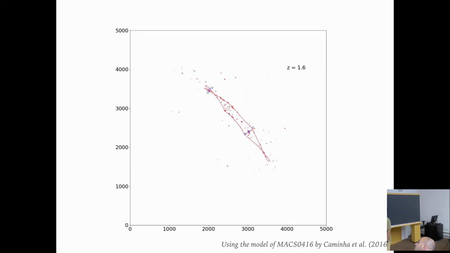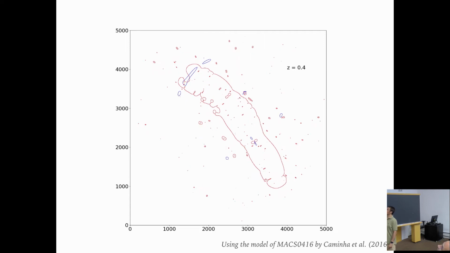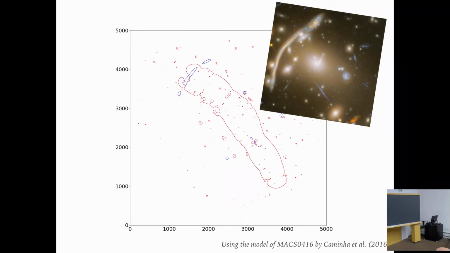So you see the splitting of one source into multiple images to form these large tangential arcs or these radial features here. So we understand now how these kinds of arcs are forming.